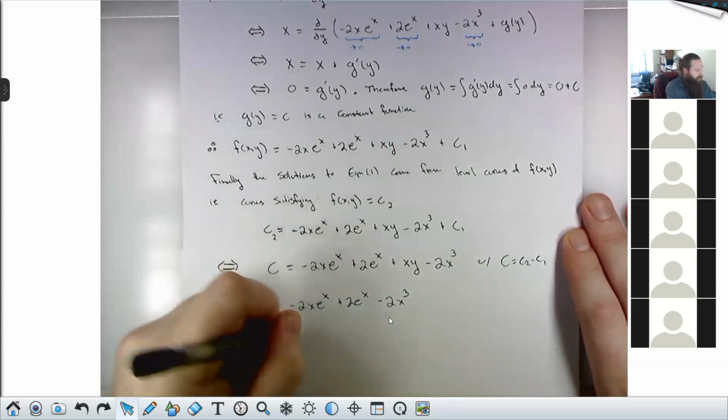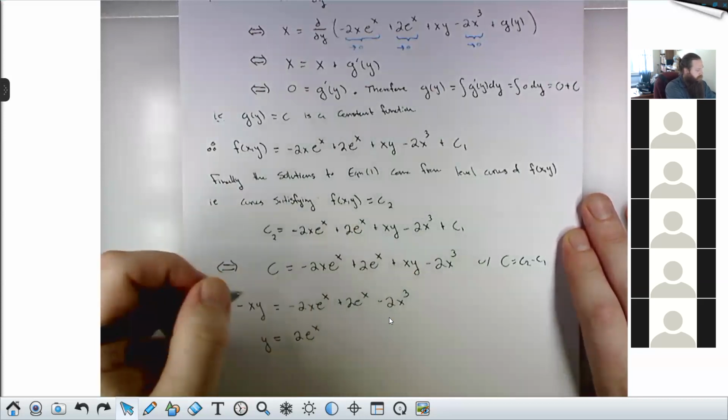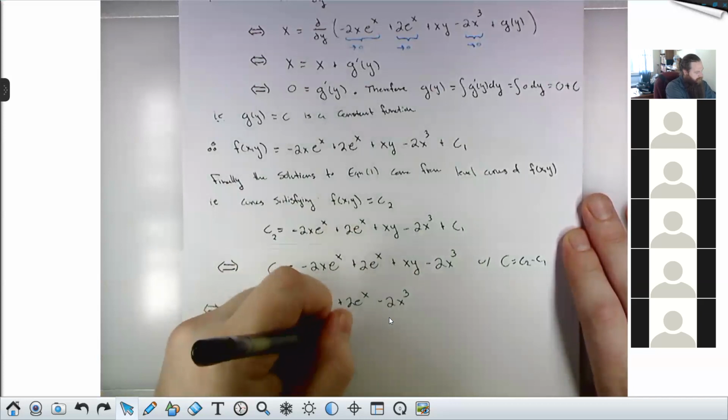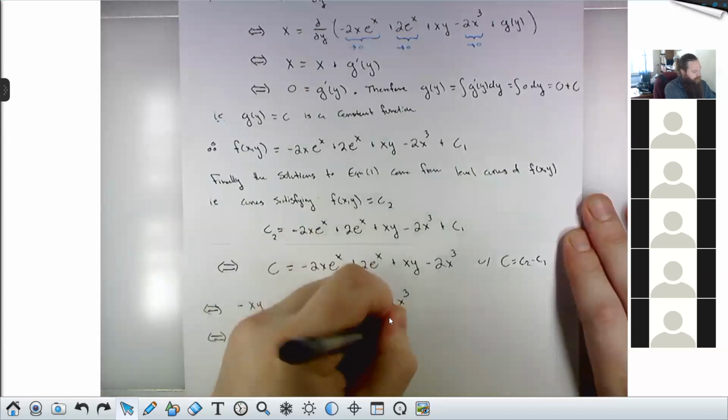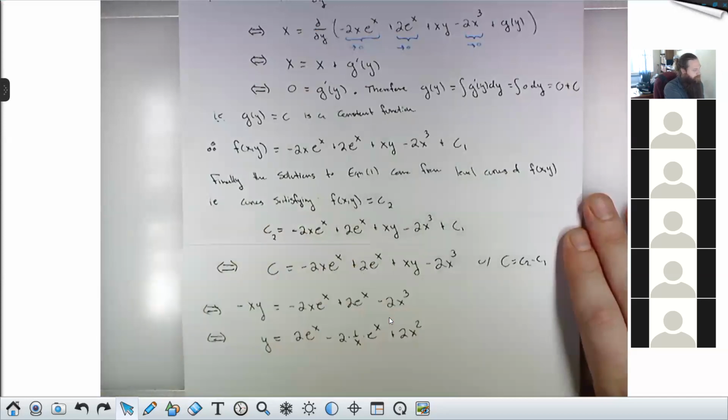You get y equals 2 e to the x minus 1 over x times e to the x plus 2x squared.